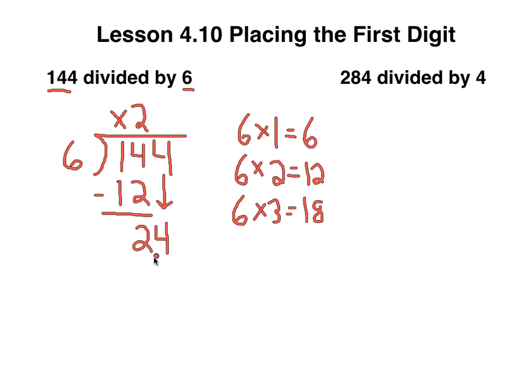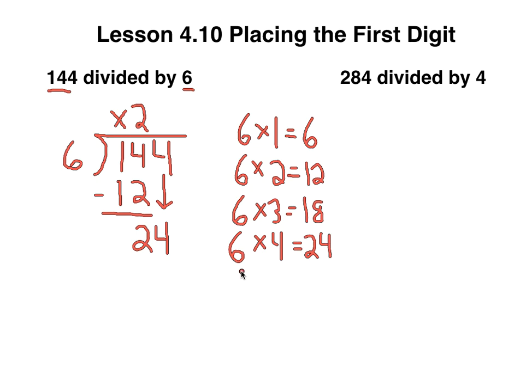Now, can 24 answer the door? Well, 24 is more than 6, so yes, he can. The question is, how many times? Okay, so we'll go 6 times 4 equals 24?